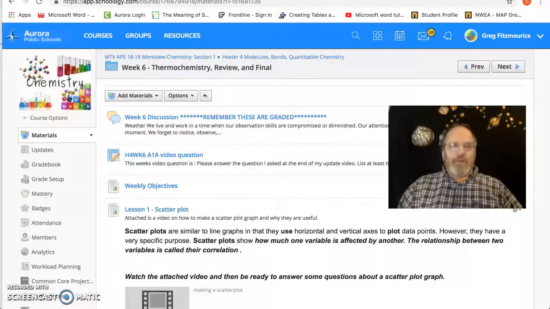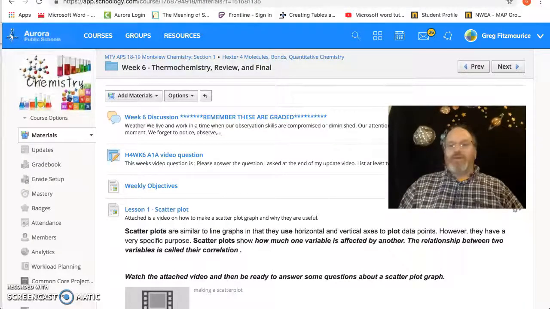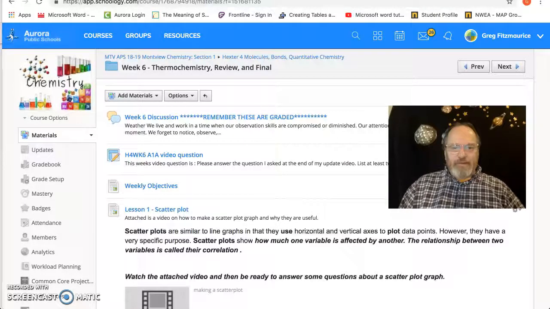So you should have a bit of a sense of urgency to complete your assignments for this Hexter. If you complete enough to pass, great. If you don't pass this Hexter and say you're below 60% and you're freaking out about that, well, don't freak out.